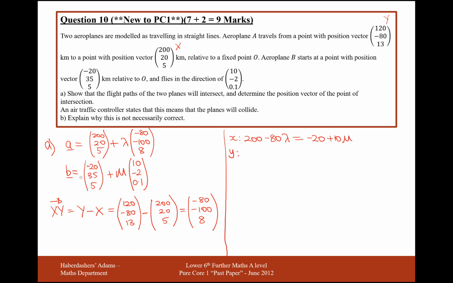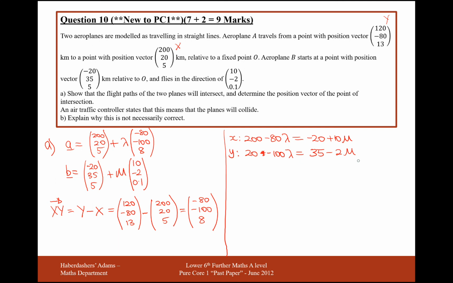For the y coordinate, this is going to be 20 add minus 100 lambda, which is going to equal the y coordinate on the second equation, 35 minus 2 mu. Excellent.